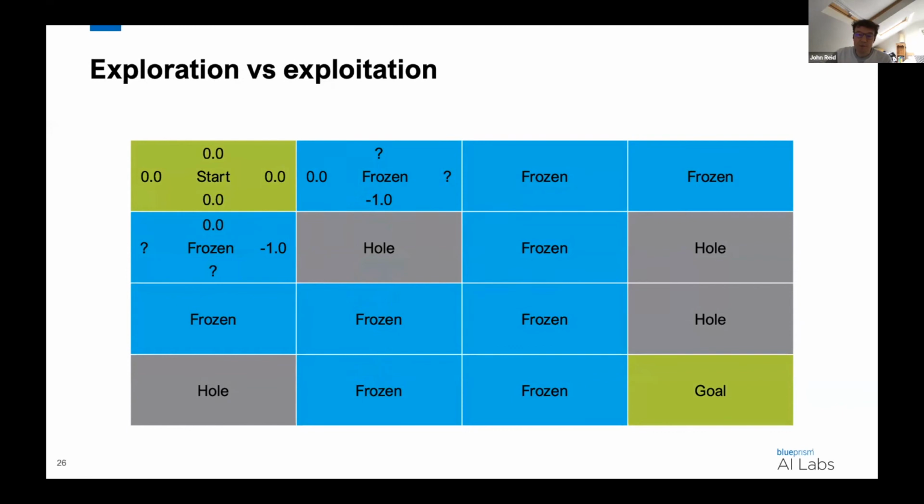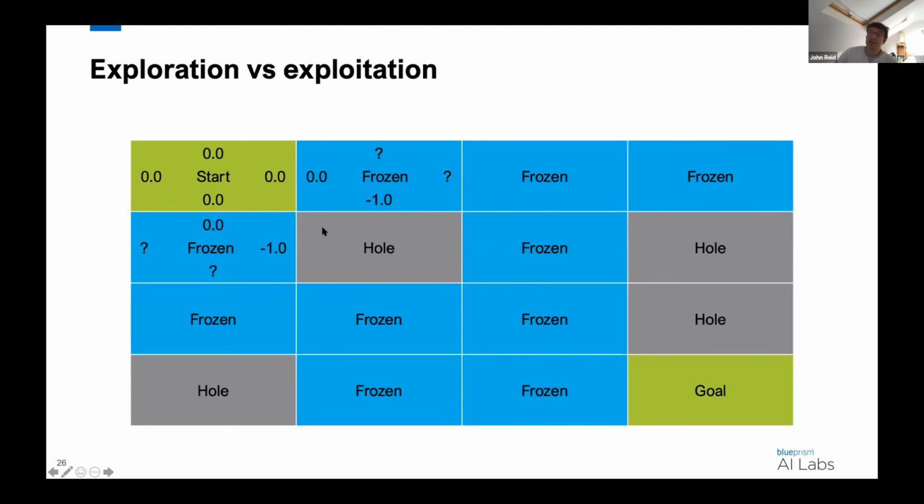All right, there's a couple of other points that can trip us up, so let's discuss them quickly before we go into an exercise. Let's imagine what happens early in learning. If we imagine we've already established these state action estimates on the slide, what behavior is going to result? The question marks indicate that we haven't explored that state and action pair, so we've got no idea what the Q value should be for it. The behavior really depends.